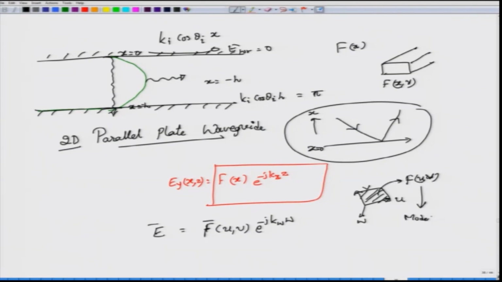This vector function has to satisfy boundary conditions. So, f of x equal to 0 at these two planes is actually the boundary condition. Together with the boundary condition, this entire electric field is a solution of Maxwell's equation. So, any solution of Maxwell's equation together with the boundary conditions, and the function which depends only on the transverse coordinates while being guided along the other coordinate which is perpendicular to these transverse coordinates, is called a mode.